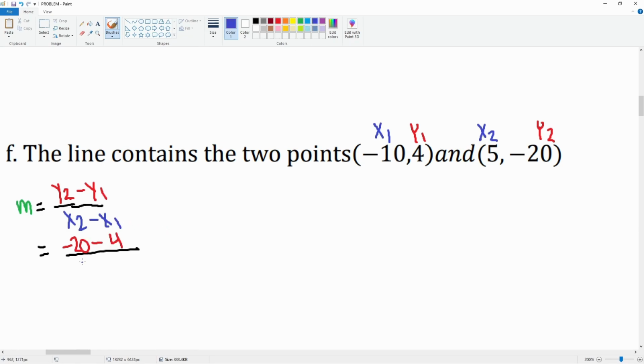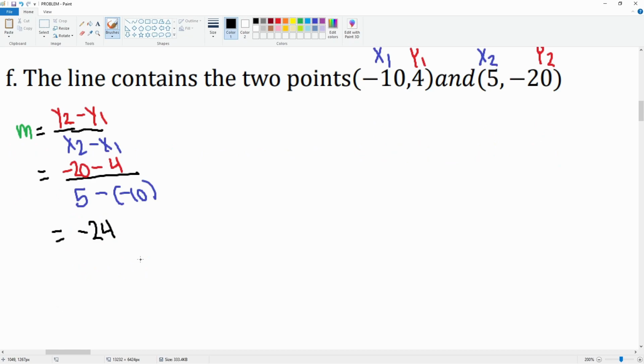Then we have 5 for x2 minus negative 10. So negative 20 minus 4 is negative 24. Then 5 minus a negative 10 becomes a positive 15. Negative 24 divided by 15. Can that be simplified? Yes, this can be simplified to just negative 8 over 5. That is your m here. That is your slope.